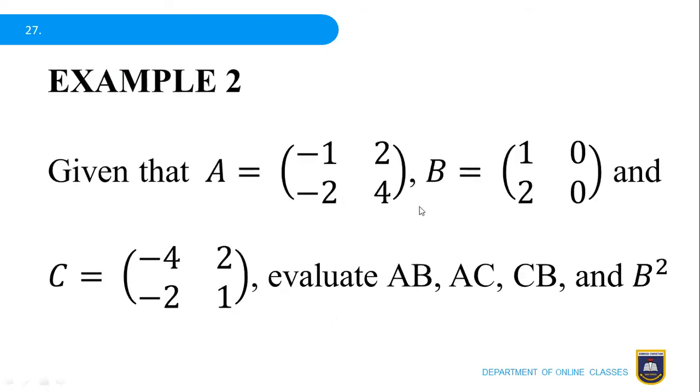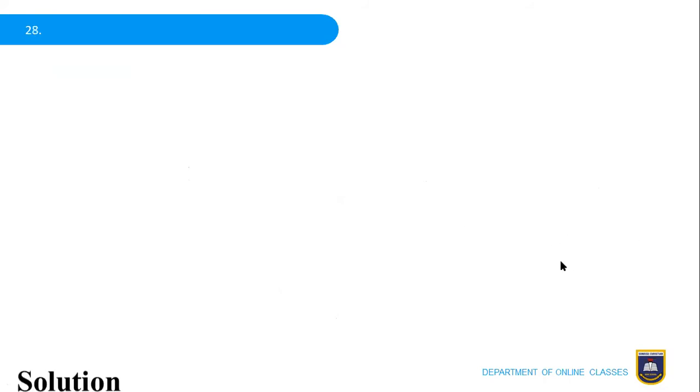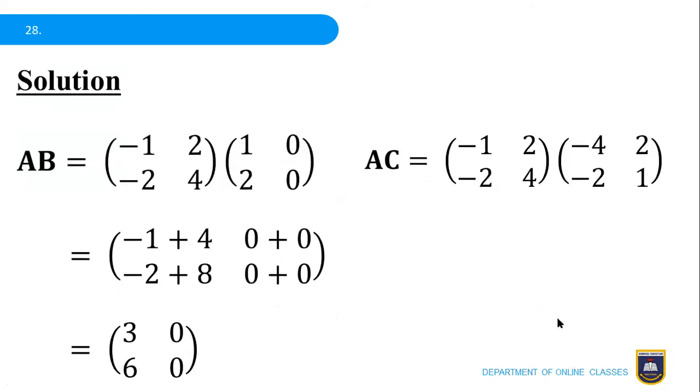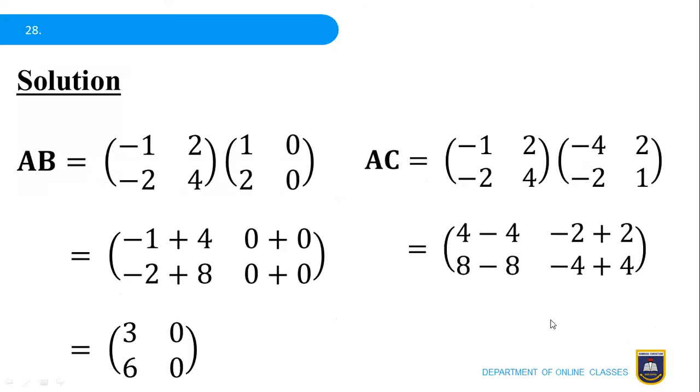Let's check the solution to that. So our solution is this: AC equals the matrix A multiplying the matrix C. If you do the multiplication, we have 4 minus 4, negative 2 plus 2, 8 minus 8, negative 4 plus 4.